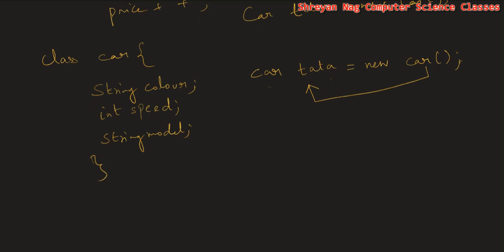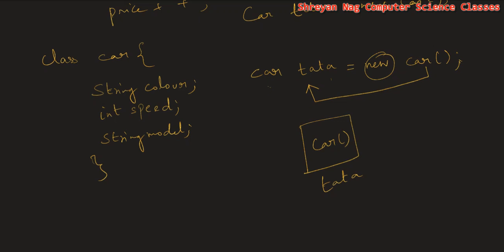This constructor will go inside the object Tata and give some memory inside it, and this is done using the new operator. This is done using something called dynamic memory. Dynamic memory means you don't assign a fixed amount of memory. This memory can change based on the usage of this class.